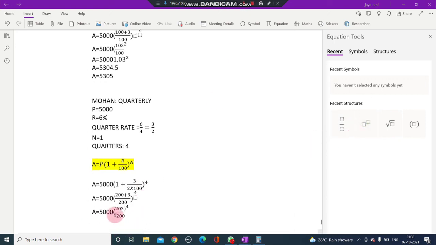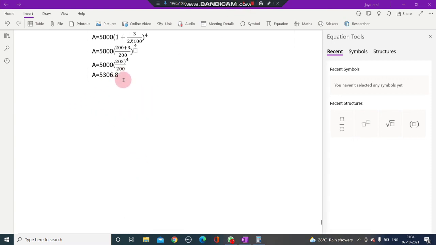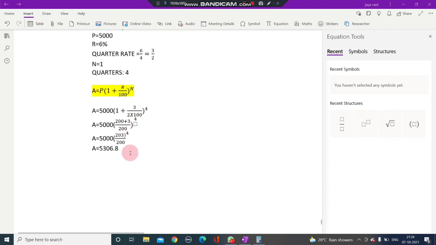So we have A is equal to 5000 into 203 by 200 raised to 4. First find 203 by 200, then raise it to 4, meaning the same thing multiplied 4 times. The value is 5306 rupees 0.8, and 0.8 means 80 paise.